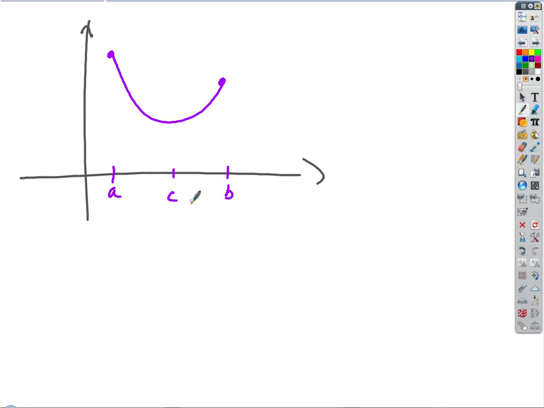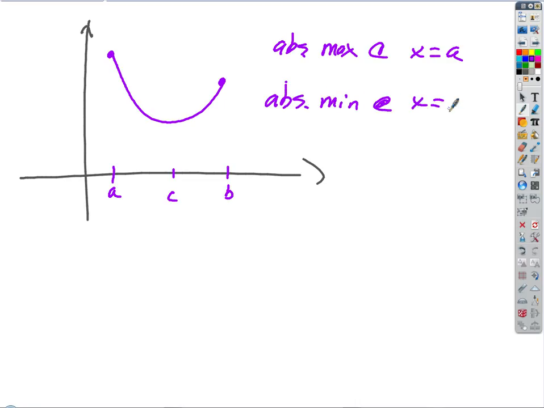Okay, where is the absolute max, if there is one? At what X value? At A, okay. C, okay, if C is the minimum. Make sense? Okay, good. Let's change this a little bit.